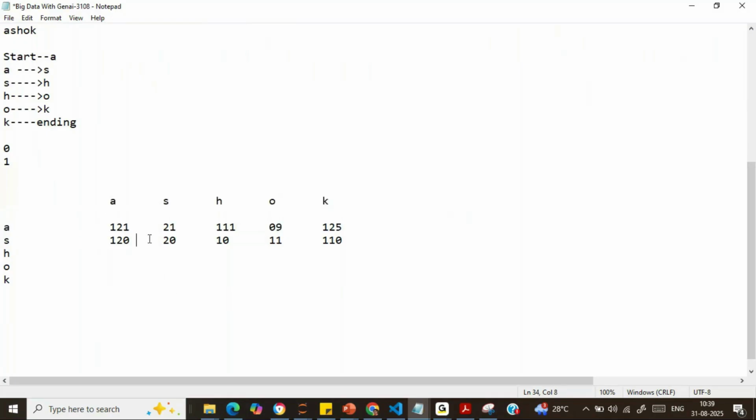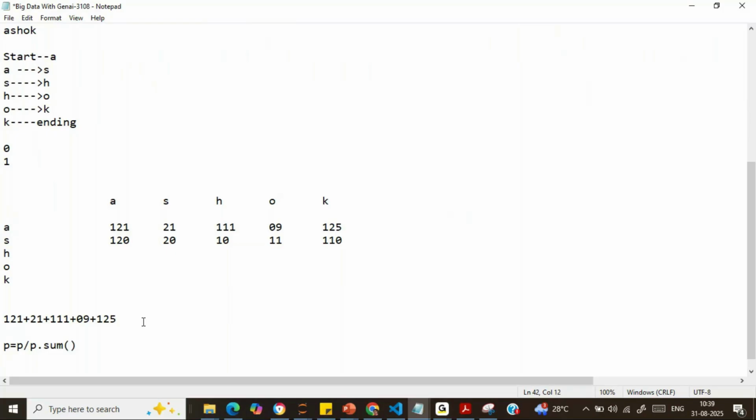for this particular row, what we have done, we have taken all the elements and performed the sum of all the elements, p, and it was looking like this: small p equal to p divided by p dot sum.